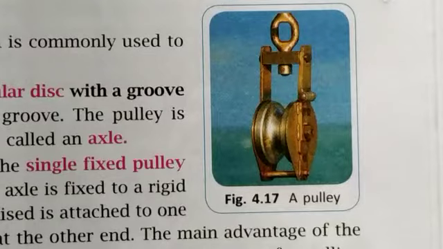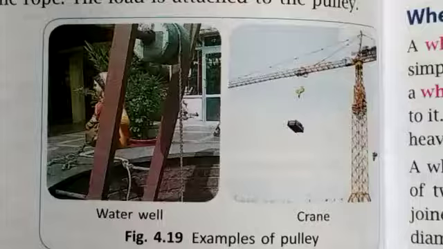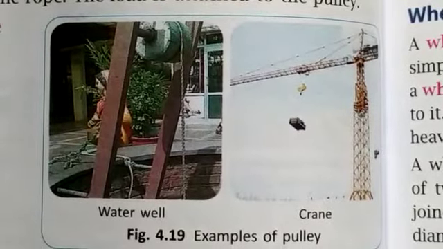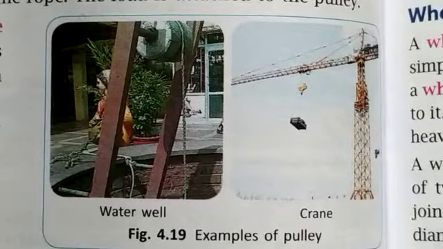In between you can see a groove-like structure. So what is that groove? The rope passes through the groove so that the water can be taken upward while we are pulling down the rope. You can have a look at the diagram here, a water well.